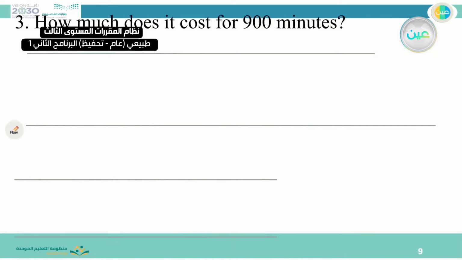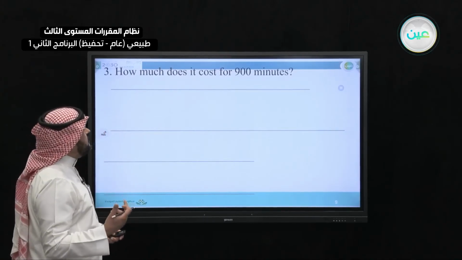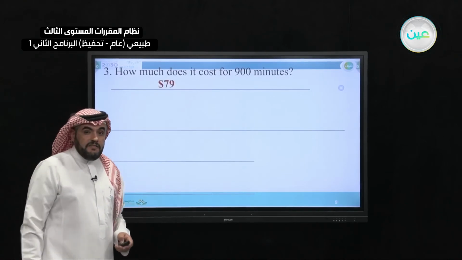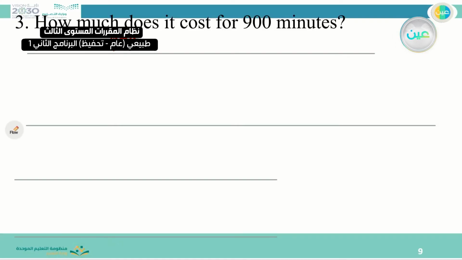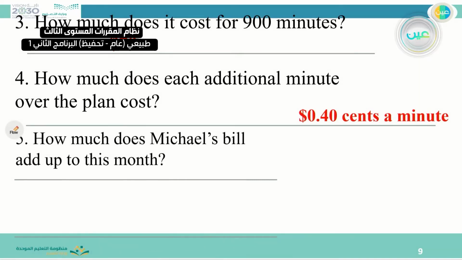Next question now. How much does it cost for 900 minutes? If you use 900 minutes, how much does it cost? It was mentioned 79, and this sign means dollar. Next question. How much does each additional minute over the plan cost? Here we say it costs 40 cents for a minute. Now, how much does Michael's bill add up to this month?